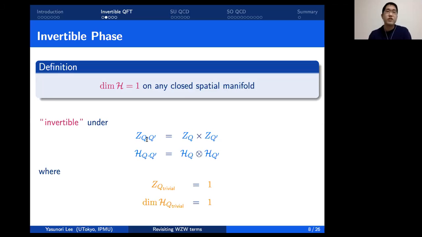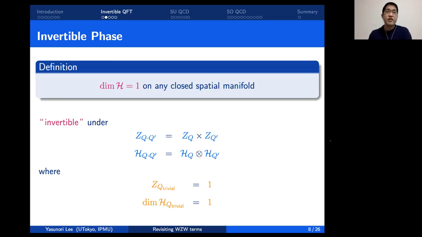Given two QFTs, Q and Q prime, one can produce a new QFT by taking a product of partition functions and taking a tensor product of Hilbert spaces. Generic QFTs form a monoid under this operation, where the identity element is the trivial QFT with trivial partition function and trivial Hilbert space. However, for QFTs having a one-dimensional Hilbert space, there always exists an inverse. It is just the QFT with the inverse partition function and the dual Hilbert space, which is also one-dimensional. And that's why these QFTs are called invertible.